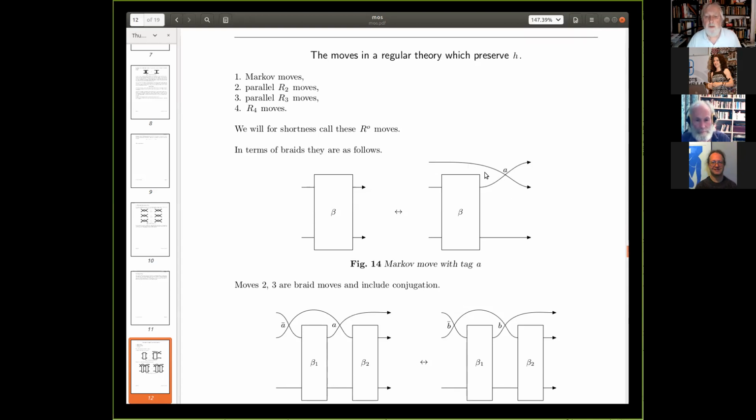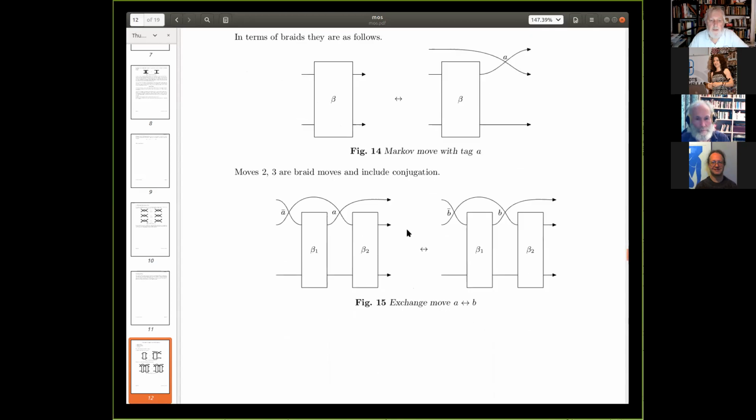Okay, and you can see this is a Markov move because if you go round and join them up, that's an R1, with A on the crossing, and it doesn't change H. You can see it's still braided. When we close that up, it's the same knot as this one, right? And then here, the moves 2 and 3, which we talked about before, they're just braid moves, so they're included in the group, and they include conjugation.